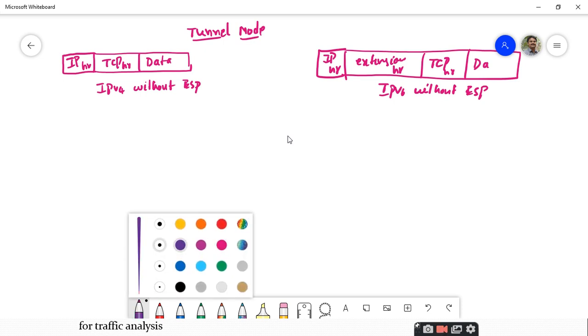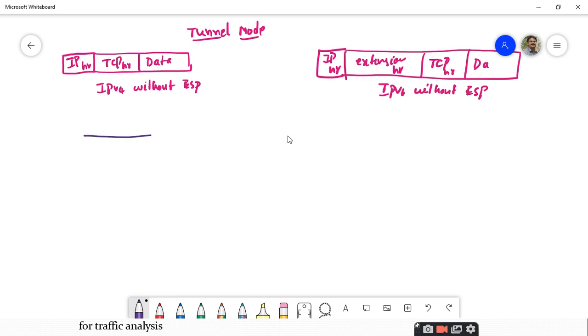You simply add the ESP header and ESP trailer, but you should be very careful what mode you are going to use. If you are going to use the transport mode, you secure only the TCP header and data. But if you are going to use the tunnel mode, you secure the entire IP packet, starting from the IP header plus TCP header plus data. So let us see what happens in IPv4, how we are going to add the ESP header. As I told you, you are going to secure the entire IP packet.